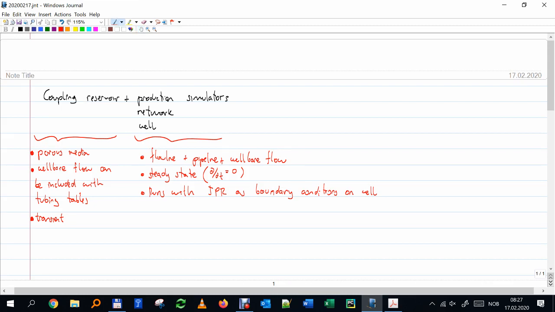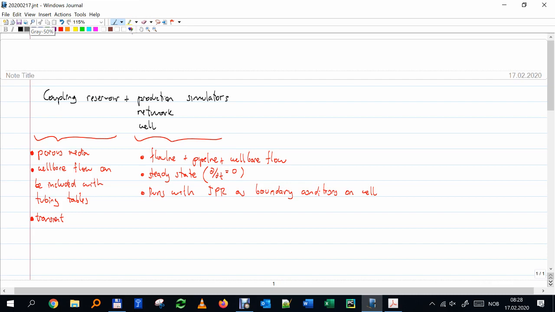Some of the challenges we have discussed before: they belong to different departments, different people, and different expertise in the company, so it can be challenging to communicate and integrate these two models. They are also made in different software.